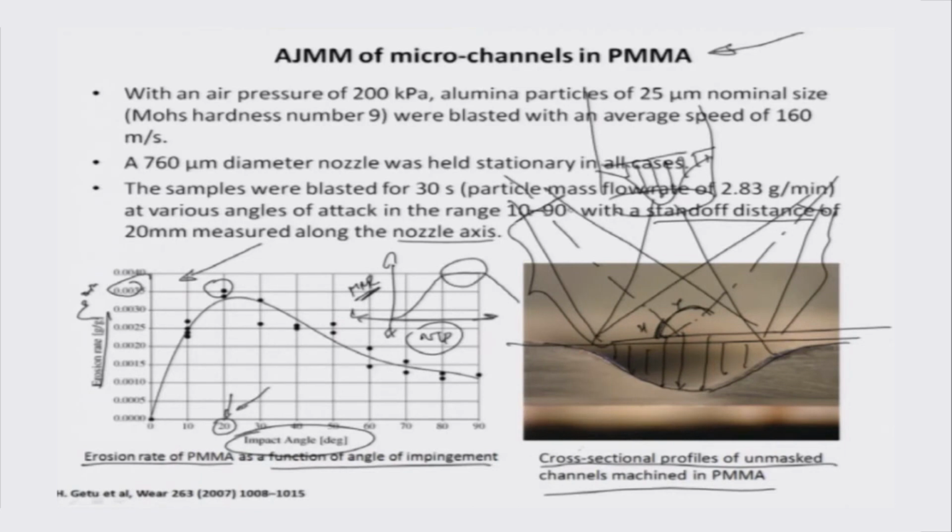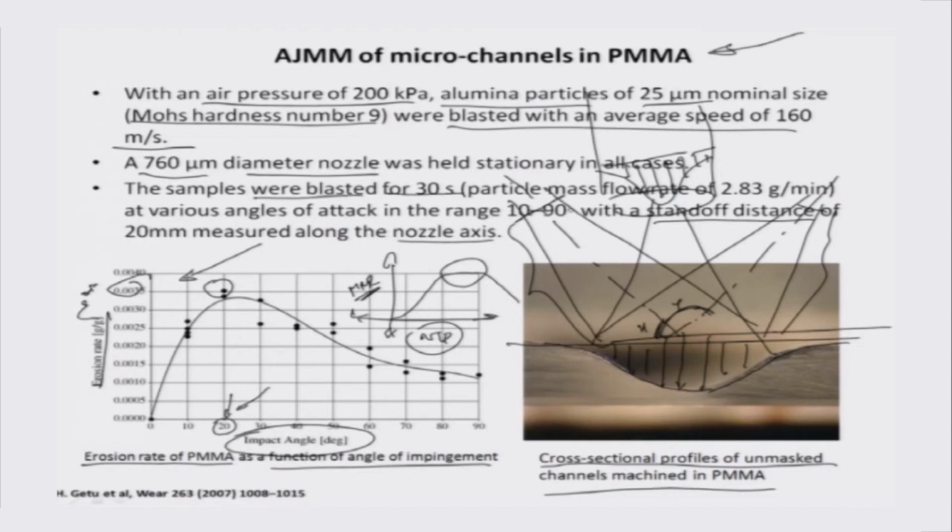In this particular case, the parameters used were an air pressure of about 200 kilopascals, alumina particles of 25 micron nominal size with a Mohs hardness number of 9, blasted with an average speed of 160 meters per second, and a 760 micron diameter nozzle held stationary in all the cases. The samples were blasted for about 30 seconds.